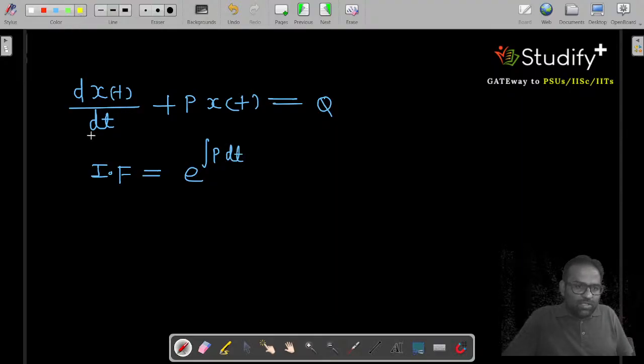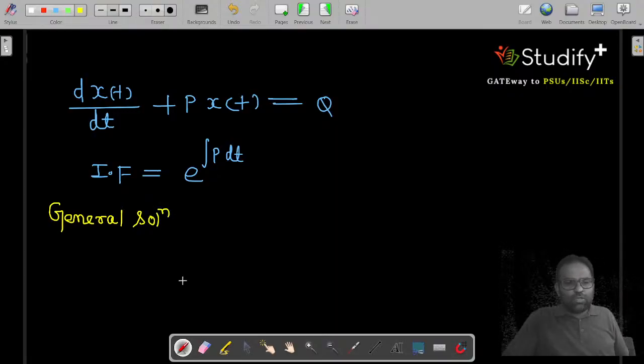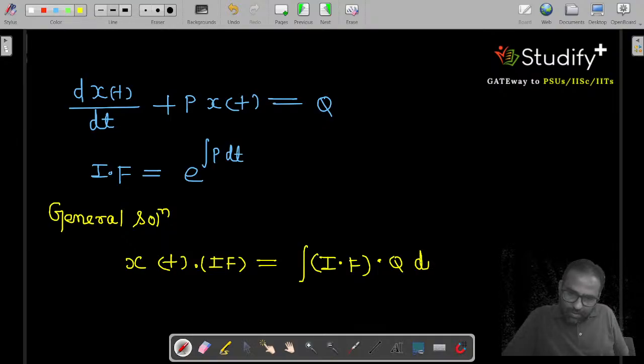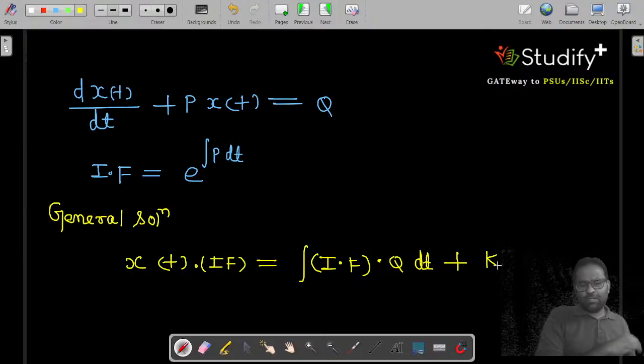So what is the general solution? The general solution is given by x(t) into the integrating factor equals the integral of the integrating factor into q into dt, where this dt comes from the independent variable, plus some constant of this integration.